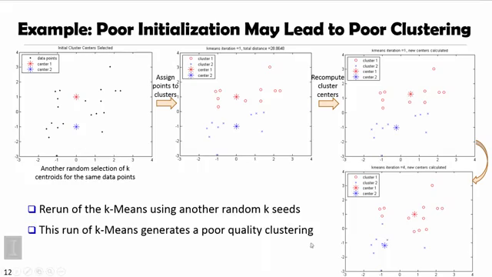That simply shows we do need some smart initialization, or multiple random initializations, and then we select the best one. So this is the initialization of k-means clustering.